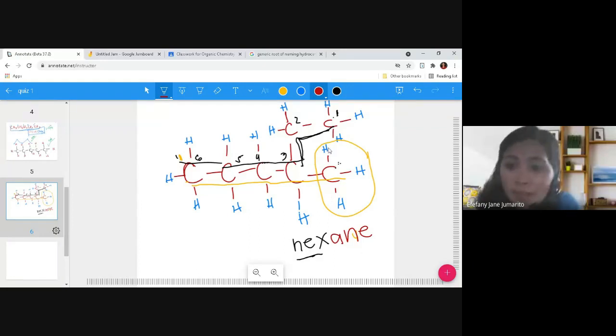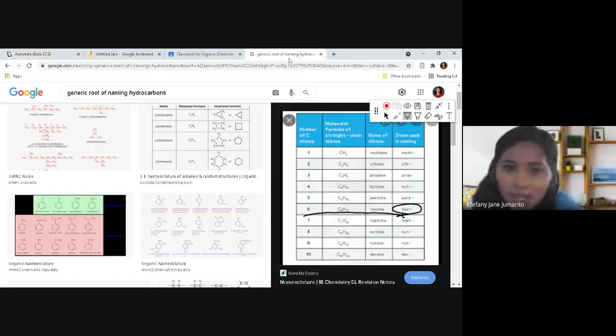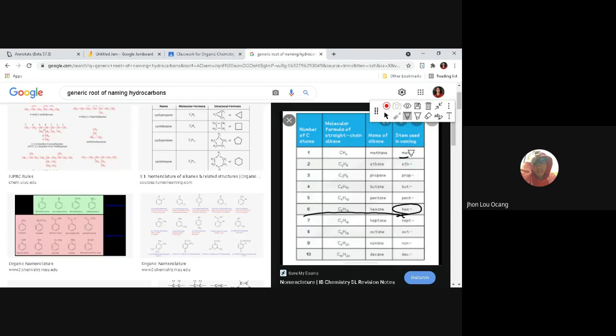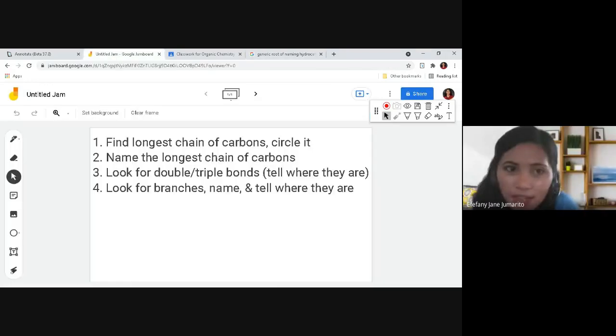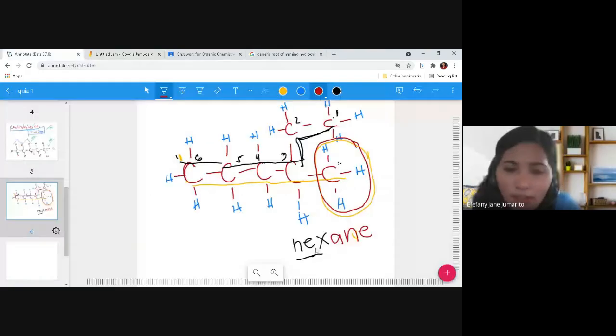Now, what about the substituent, class? Okay, so we will write the substituent. What group is this? Only one carbon is present. So this one is a methyl, ma'am. Methyl. Okay, this one is our methyl. So we will write that one.